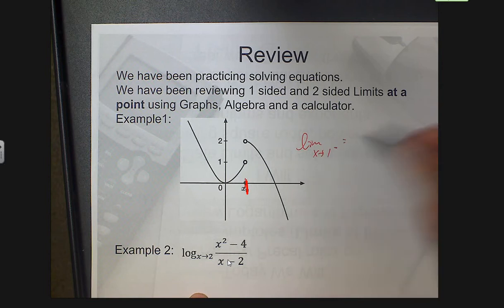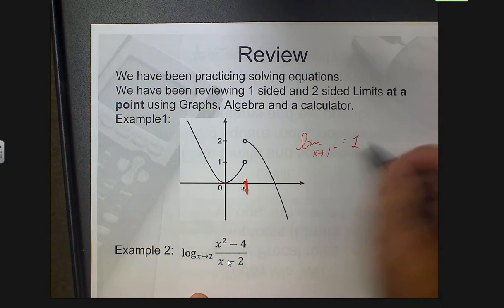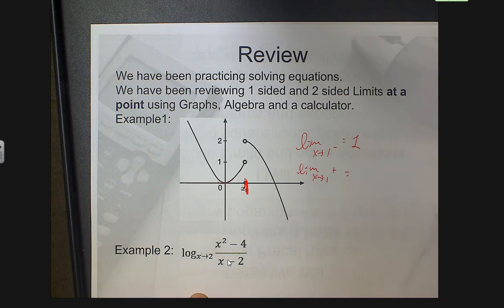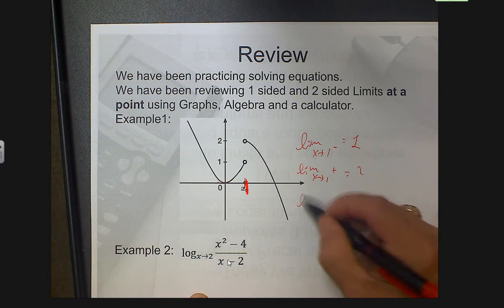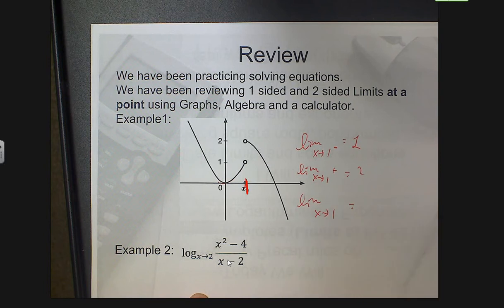The limit from the left is 1. Comes up right there. Okay? The limit as x approaches 1 from the right is 2. The limit as x approaches 1 from both sides does not exist. Okay. Left side, right side come together.